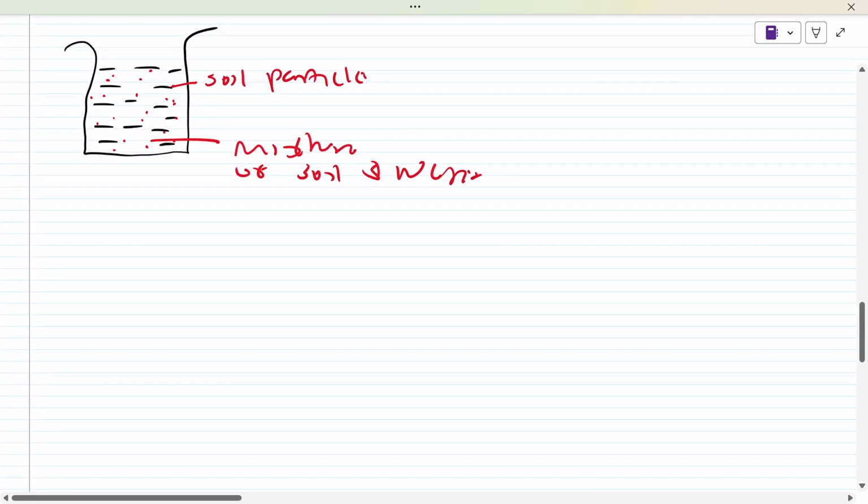I'll simply have my funnel. Sorry, let me use a black pen so that I use red for labeling. I'll have my funnel drawn this way.